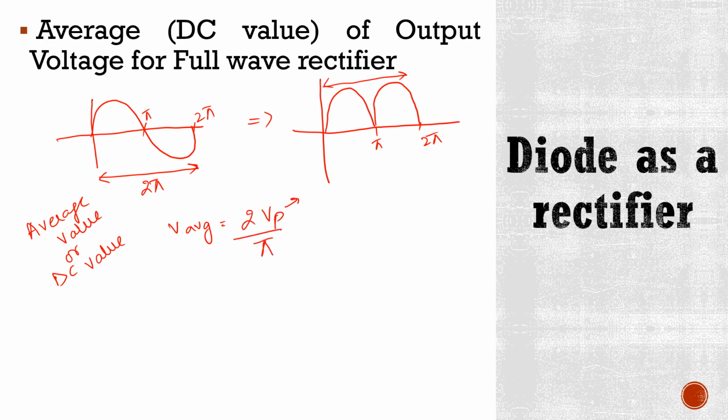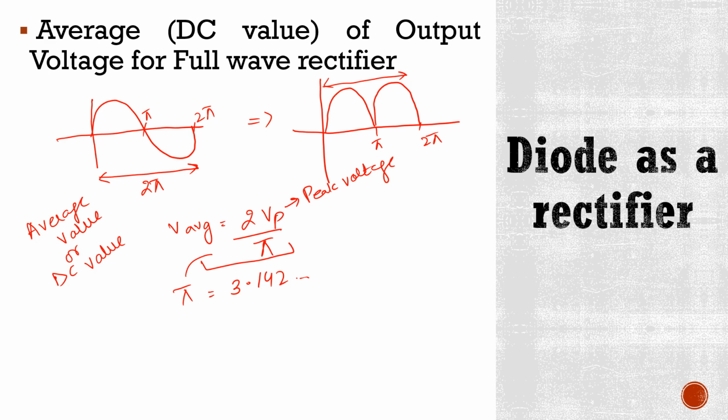where this is peak voltage. As you can see, this formula is twice to that of the formula of half wave rectifier, and we know that the value of pi is 3.142.